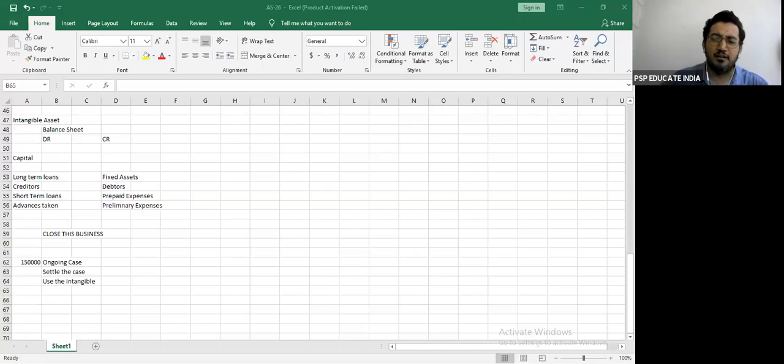This is what? A revenue expenditure. And that is why it will go to the profit and loss account.